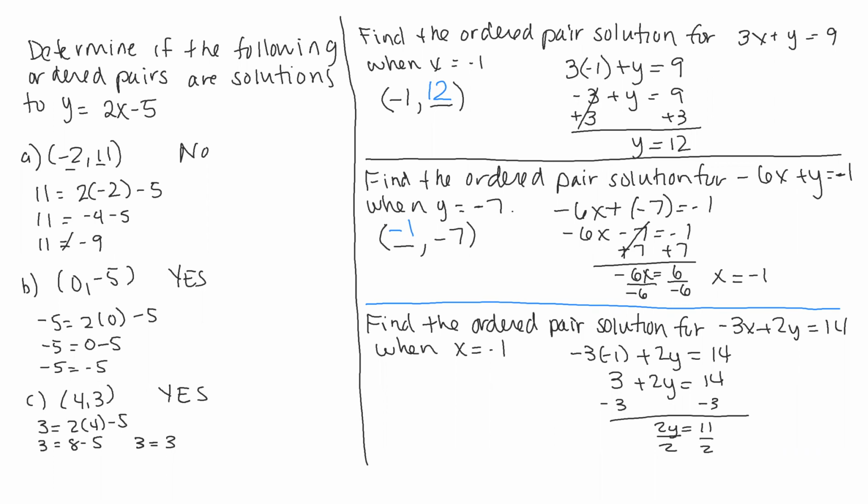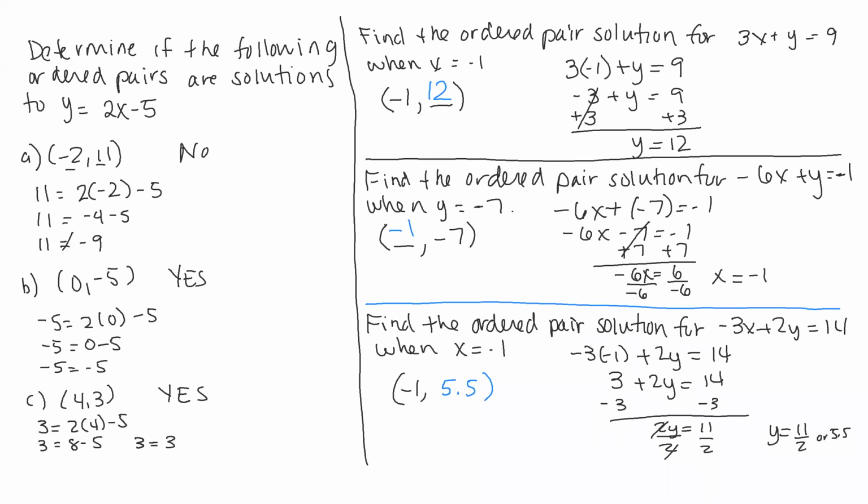I divide by 2, the 2's cancel, and I get y equals 11 halves, or 5.5. So I'm looking for the ordered pair that satisfies the equation -3x plus 2y equals 14. We knew that x had to be -1, and now we know that y is 5.5, or you could say 11 halves. And there you have it.